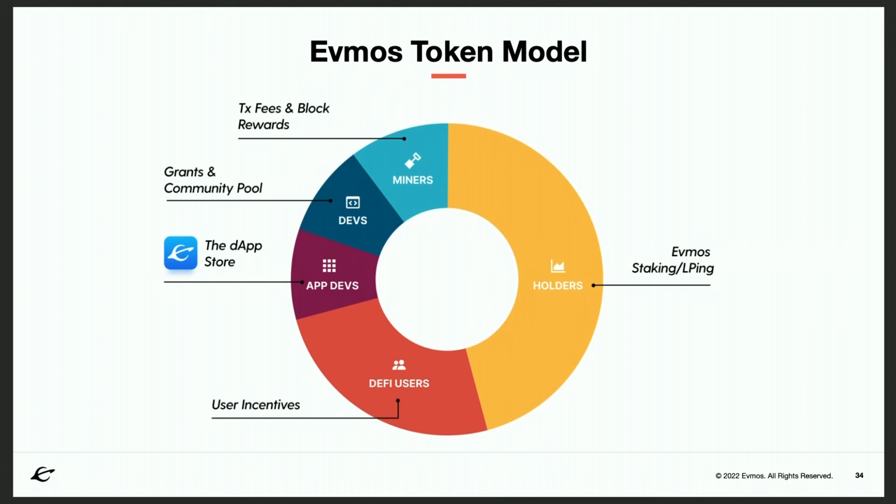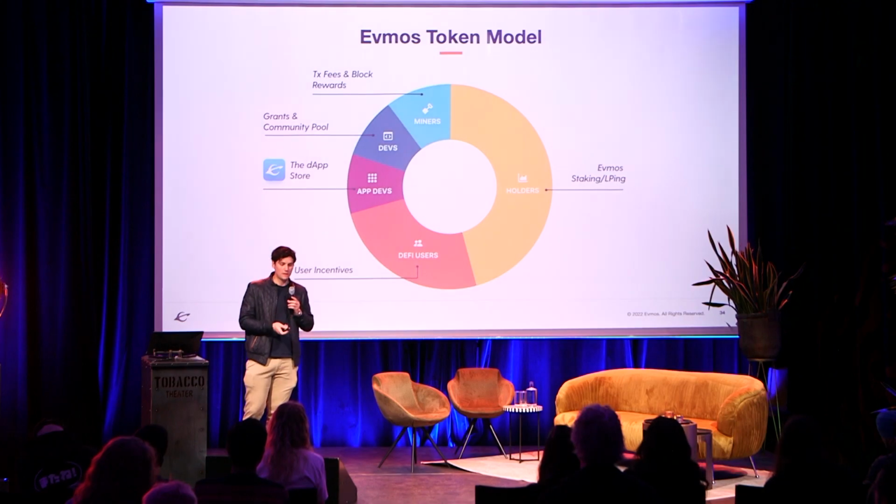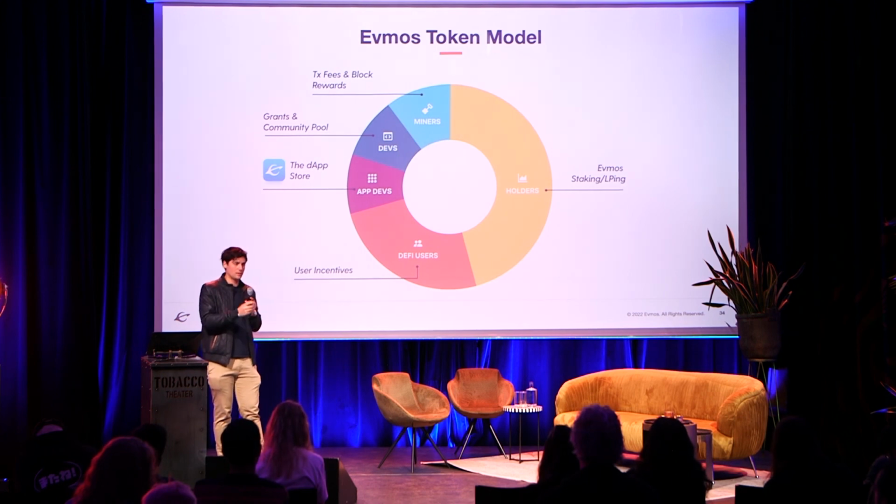So for example, the Evmos holders or Evmos stakers will be able to stake their tokens or LP them. The DeFi users will have the user incentives. The decentralized application developers will have the Dav Stores, in addition to the grants and community pool, which they can also apply to for core development. And also the miners, or in this case, the Evmos validators, will have the transaction fees from the Dav Store mechanism and the block rewards.